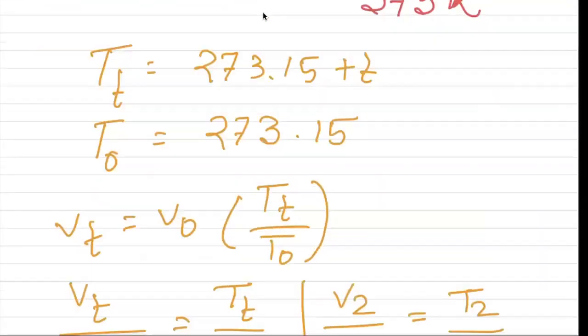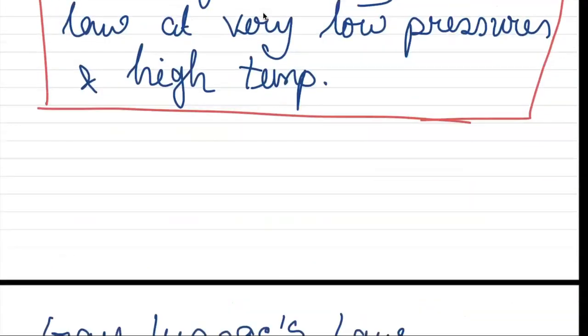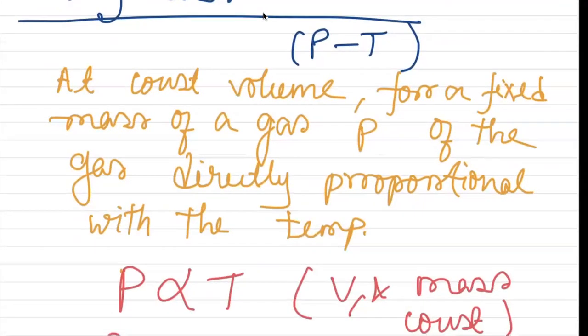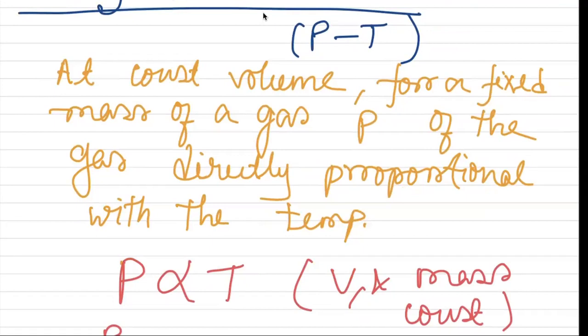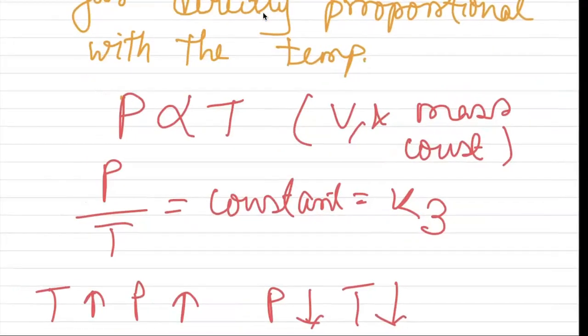Then we learned Gay-Lussac's law: at constant volume for a fixed mass of a gas, pressure of the gas is directly proportional to the temperature. If pressure increases, then temperature also increases. Okay, clear?